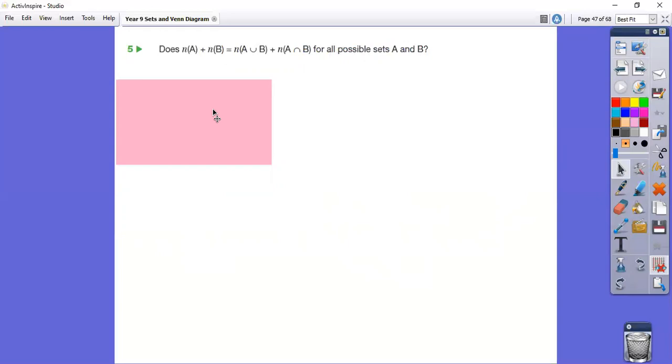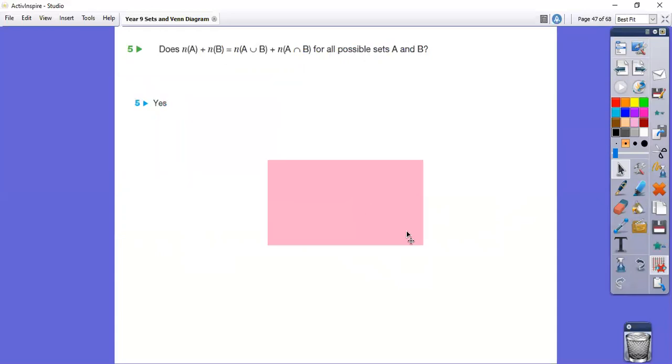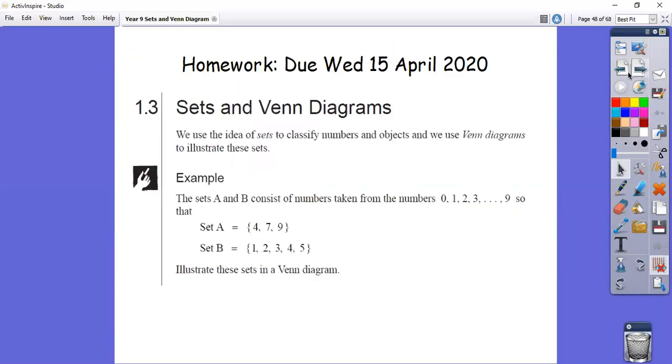Again, if you want to pause, do the question, and then check the answer with me. And the answer is yes. I'll let you have a think about that. Show some workings. And that was the questions from the book today.